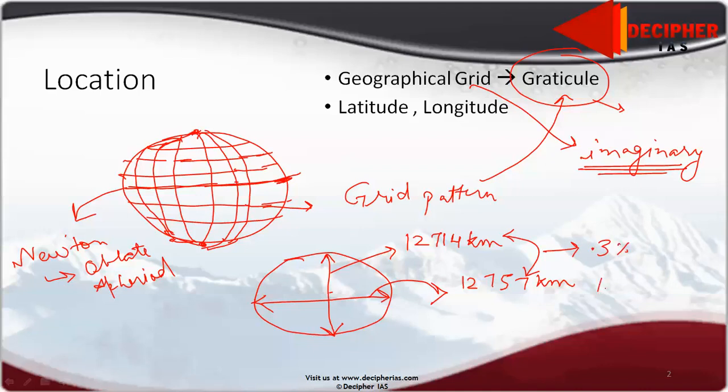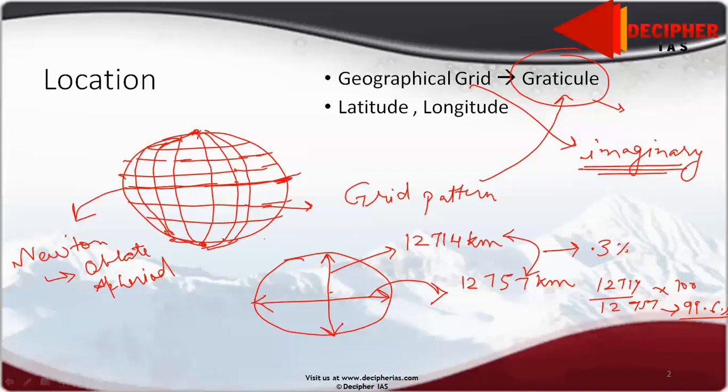That is, if you divide 12714 by 12757 into 100, you will get approximately 99.6 something percent. Okay. So as the equatorial diameter is more, we can easily find out which is equator and which is pole.